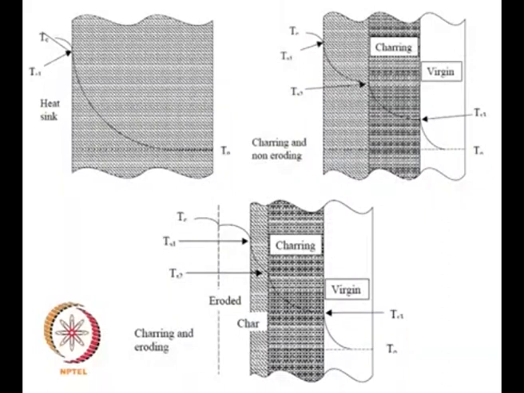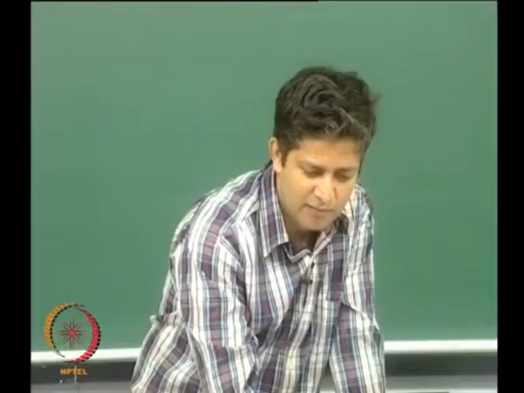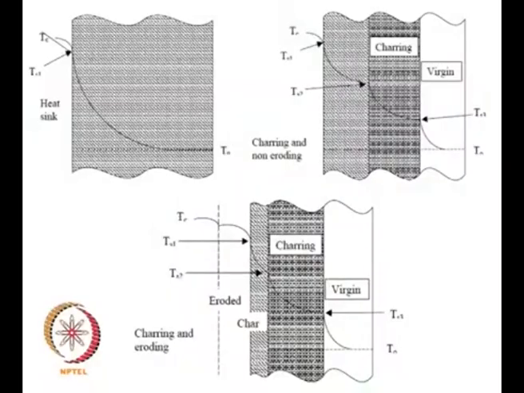And the next set of materials that is used is charring and eroding or ablating material. In this case, because of cross flow, the material gets eroded, and you are going to have a region which, if this were the nozzle earlier indicated by the dotted line, then that portion is going to move to this new line, right?